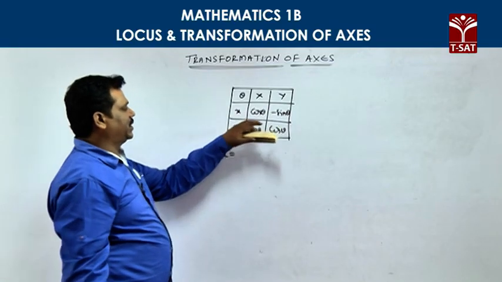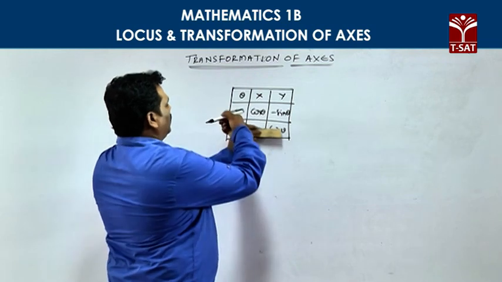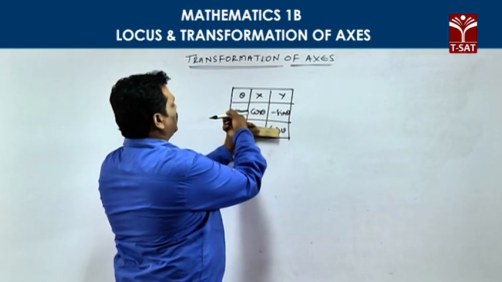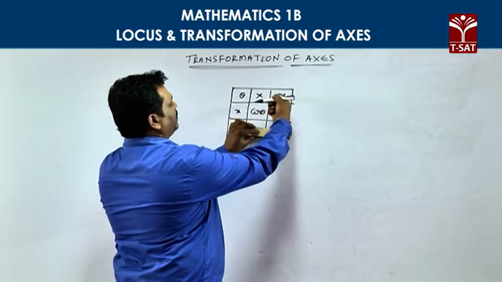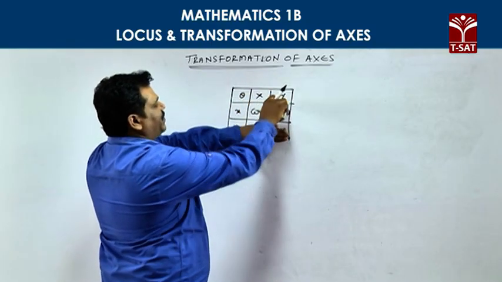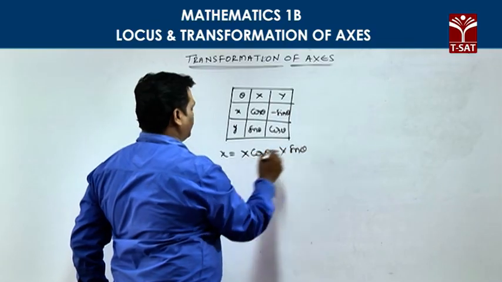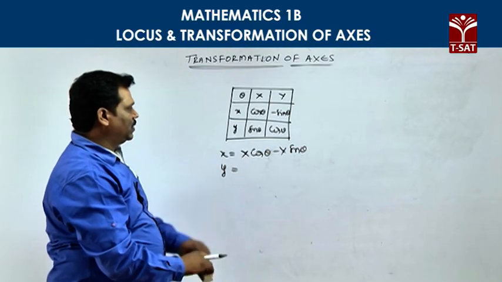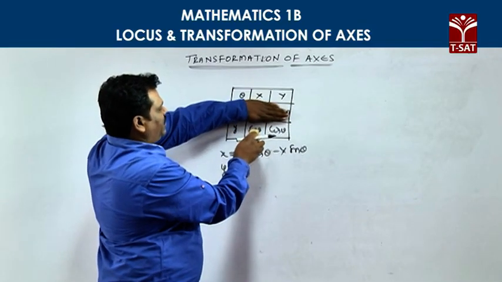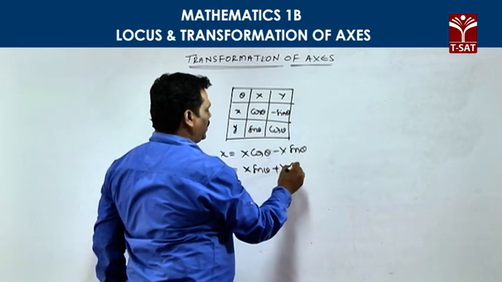Small x is equal to capital X cos theta minus capital Y sin theta. You want small y: x is removed here, so small y is equal to capital X sin theta plus capital Y cos theta.